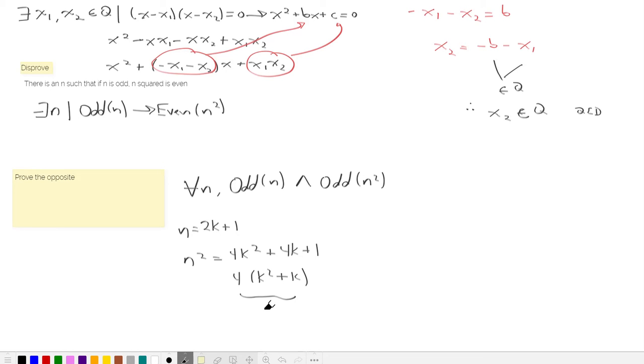So this is twice some other integer. Let's call it j for fun. So now I forgot to bring down my 1. So that means n squared is equal to twice some other integer plus 1. Well, that's the definition of odd. So n squared is odd.